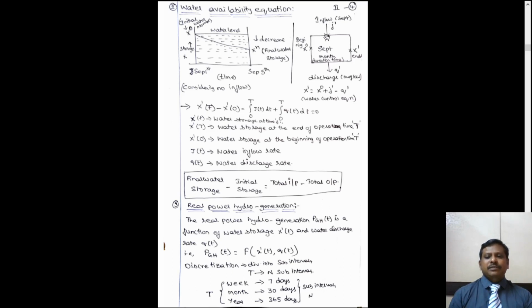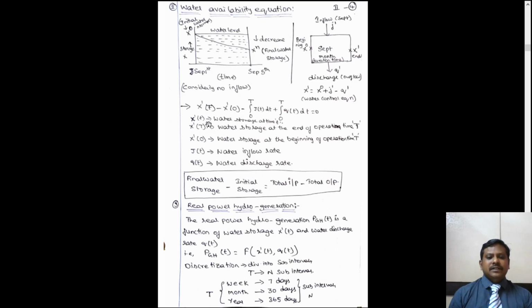So this has been represented as x dash of t minus x dash of 0, final minus initial, equal to the integral from 0 to t of j of t, the inflow rate, minus the integral from 0 to t of q of t dt.